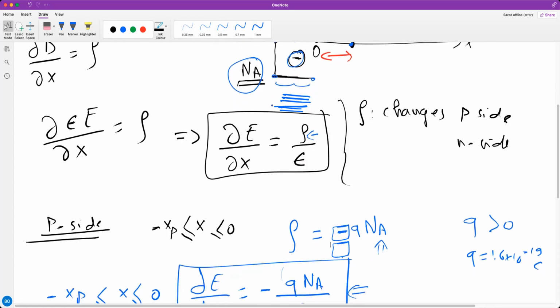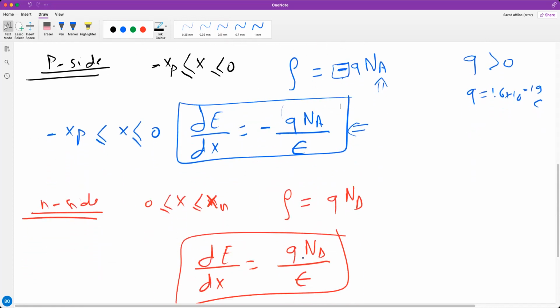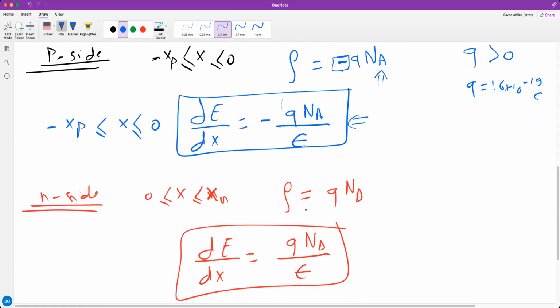So this is the charge density in the P side, which means the gradient of the electric field is equal to minus q NA divided by epsilon. Similarly, the charge density from 0 to xn is equal to q ND. Why is it positive here?